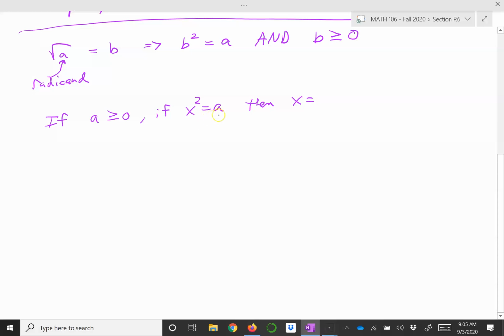But if we're trying to solve this equation for x, we're not just going to get the square root of a. It's going to be plus or minus the square root of a. We're always going to have those 2 solutions. Because if we did negative 4 squared we get 16, or just 4 squared, we'll also get 16. So in order to have that in variable form, we have to make sure when we take the square root that we always include a plus or minus sign.